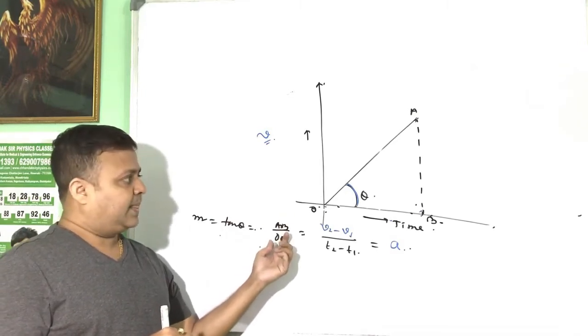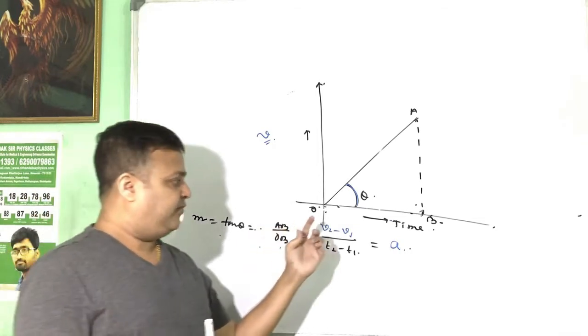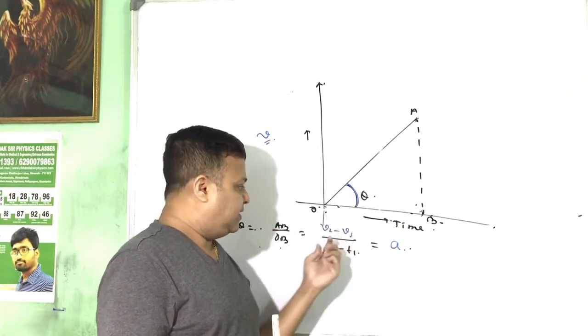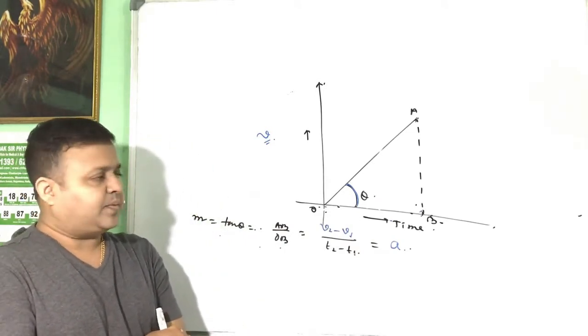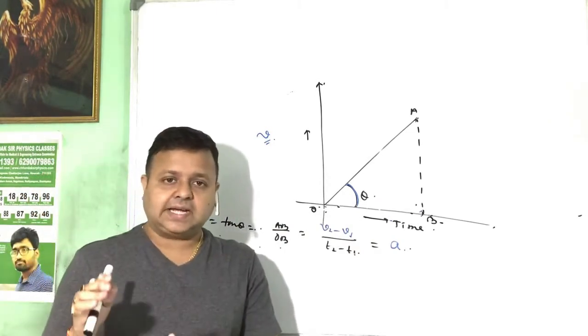What is AB? That is a change in velocity, V2 minus V1. What is OB? That is change in time. It gives the acceleration. That means the slope of the velocity time curve which gives the acceleration of the body.